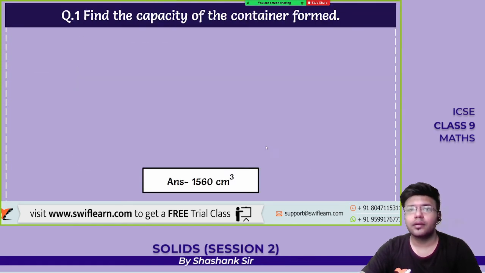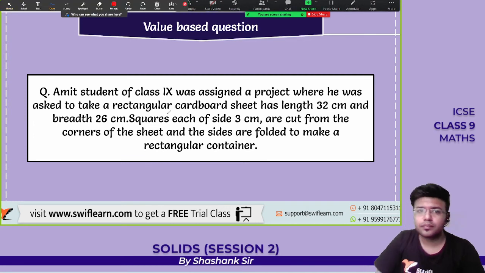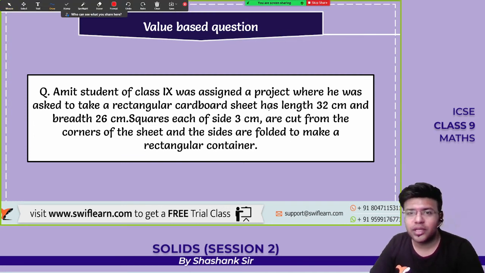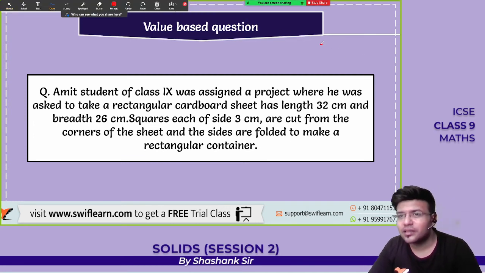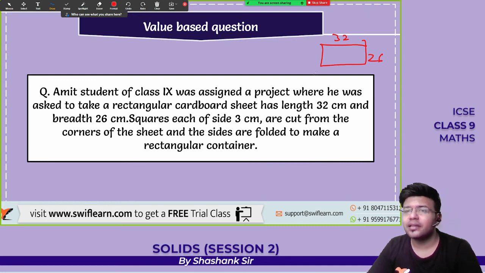Find the capacity of the container formed. See this. So he has a cardboard of length 32 and breadth 26. Squares of each side 3 centimeter are cut from the corners of the sheet.